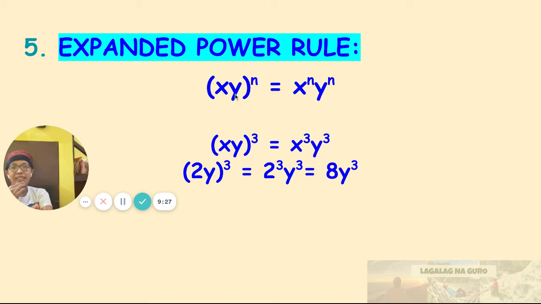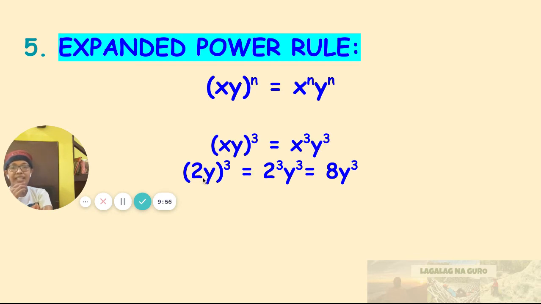So for example, (xy)^n is equal to x^n times y^n. Let's have an example. (xy)^3 is equal to, just expand 3 here, so it will become x^3 y^3.